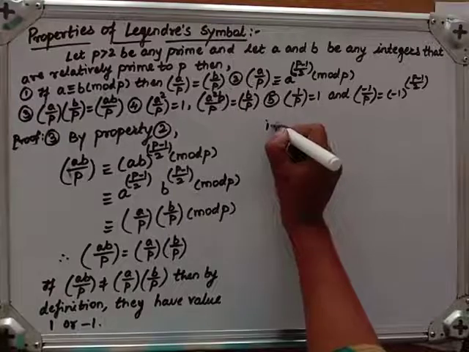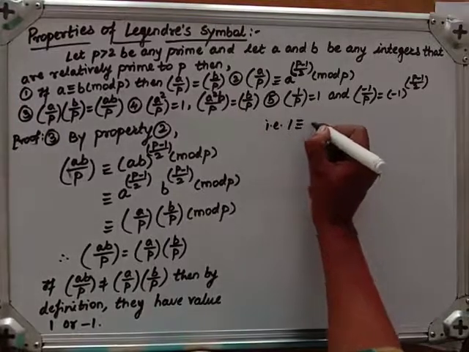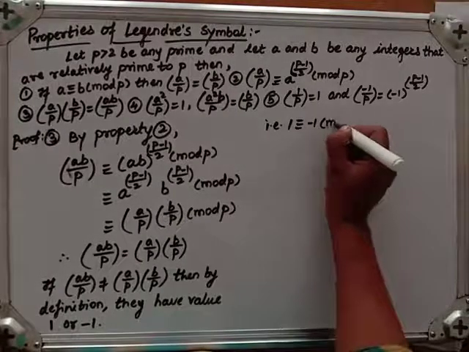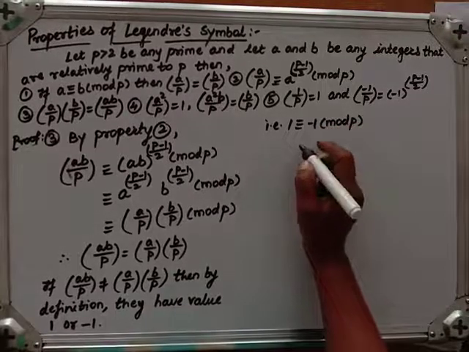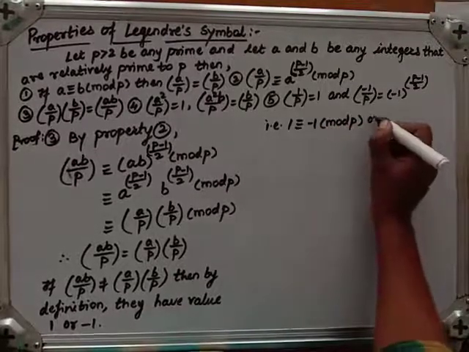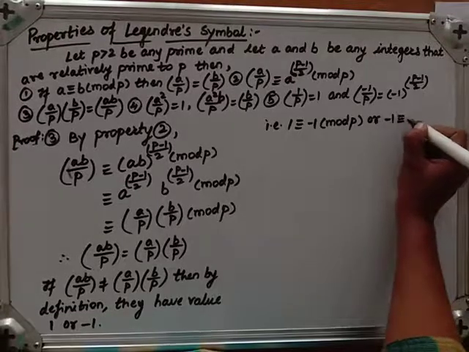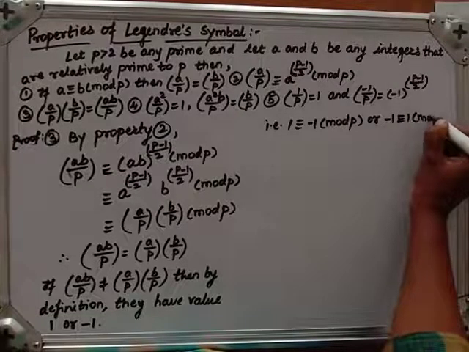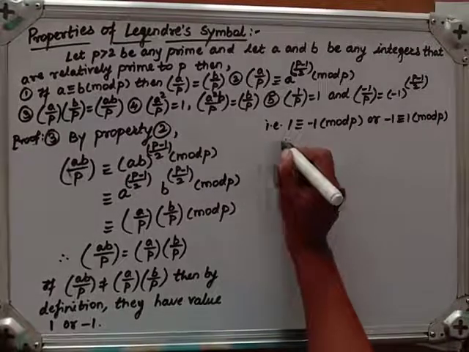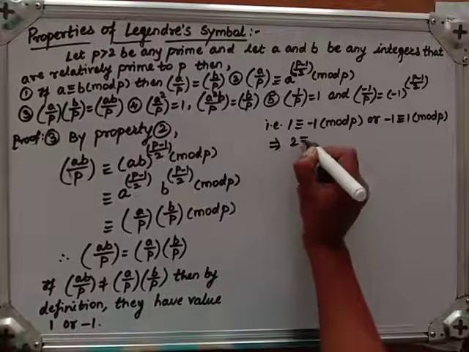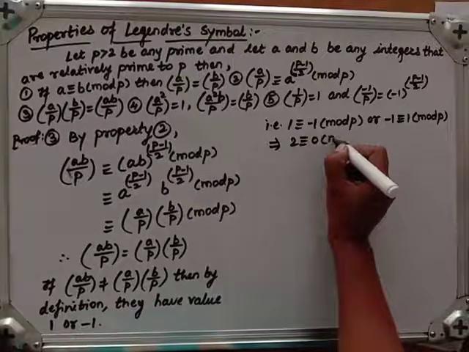That is, 1 is congruent to minus 1 modulo p, or minus 1 is congruent to 1 modulo p. This gives us 2 congruent to 0 modulo p.